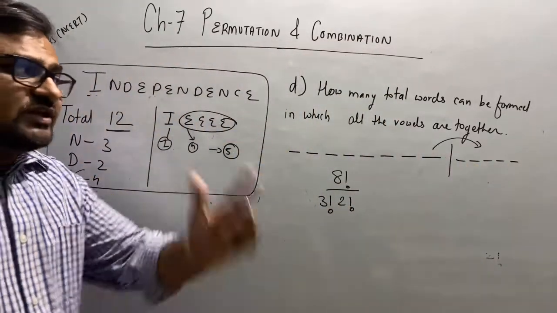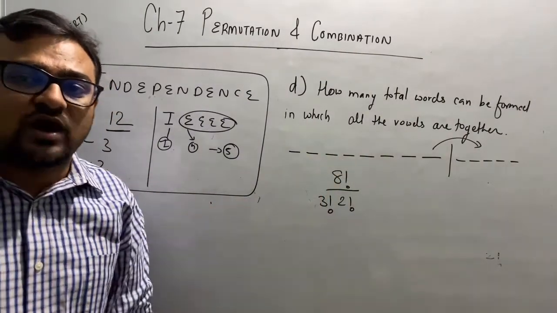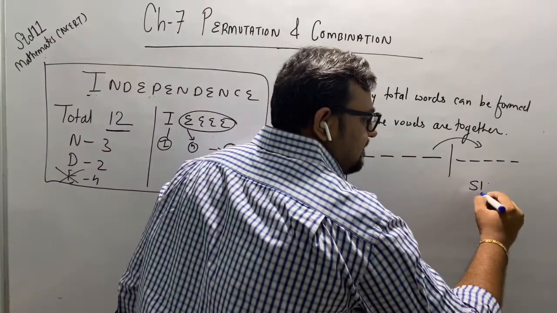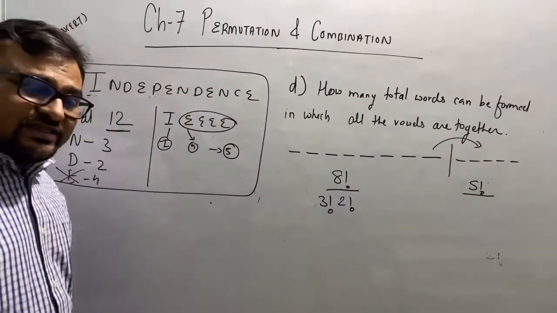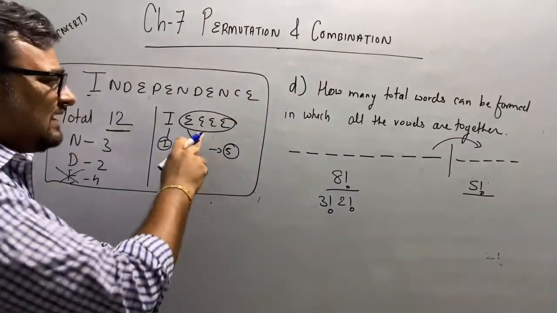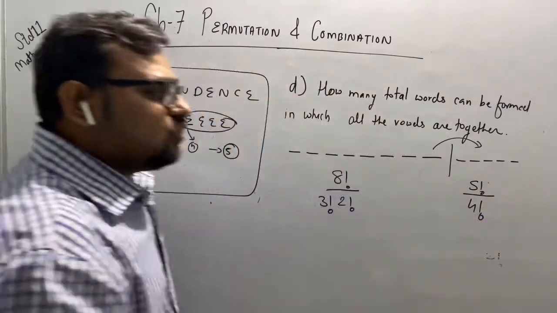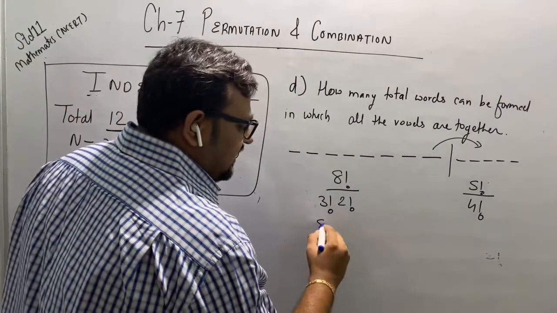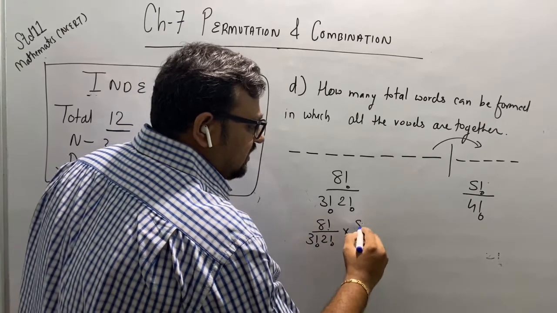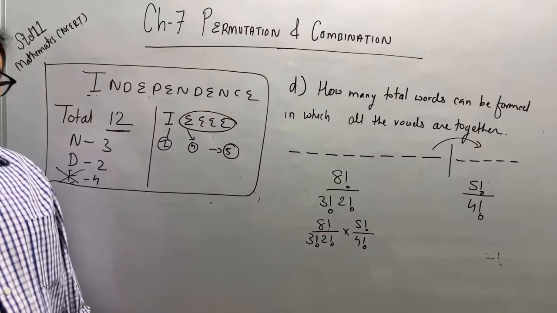Now, how will these 5 vowels arrange at that one place? So, 5 factorial upon, now in that 5, how many I? 1. So 1 factorial. How many E? 4. So 4 factorial. So what will be your answer? 8 factorial upon 3 factorial, 2 factorial, into 5 factorial upon 4 factorial.